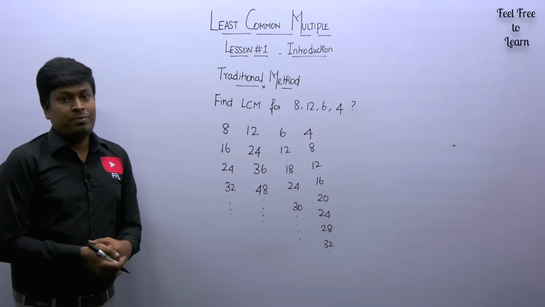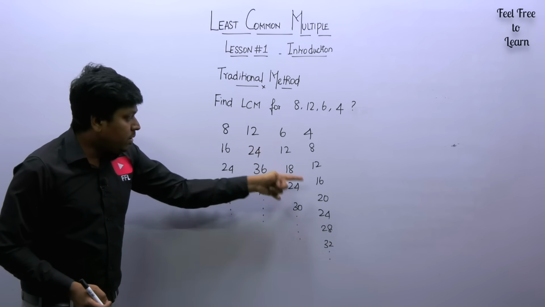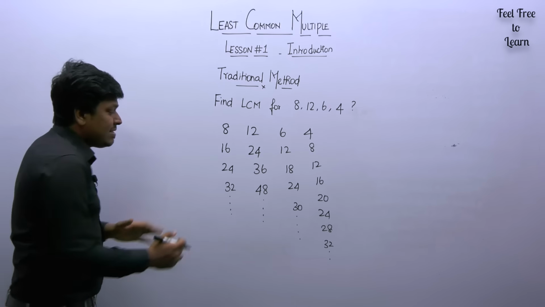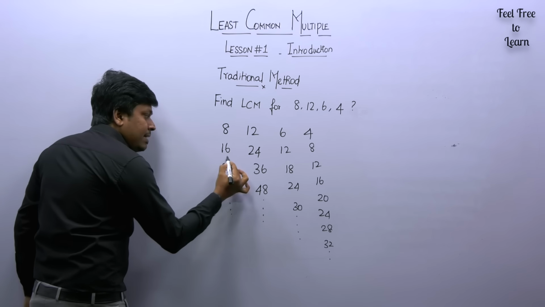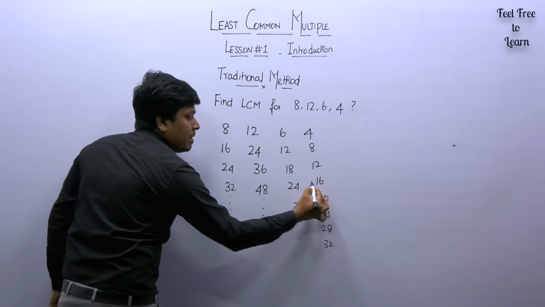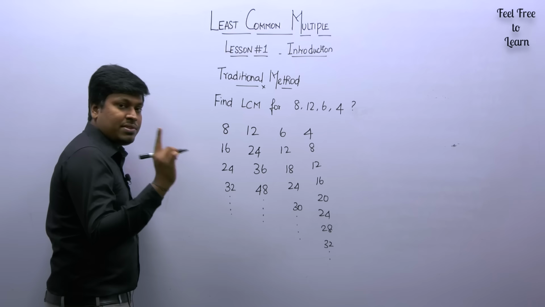So what we need to find here is the least common multiple. Out of all these multiples, which number is common? Just listen carefully. If I take the number 16, 16 is common in the multiples of 8, as well as common in the multiples of 4. But 16 is not common in 12 and 6. Yes or no? Right?